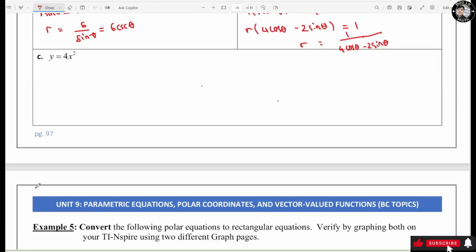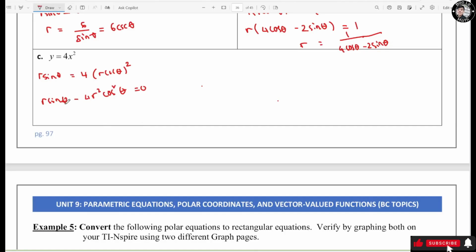Now let's move on to question C. You know that y equals r sine theta, which equals 4 times r cosine theta, altogether squared. So this one turns out to be r sine theta, and this one squared. Then subtract both sides, so it will be r sine theta minus 4 r squared cosine squared theta equals 0.